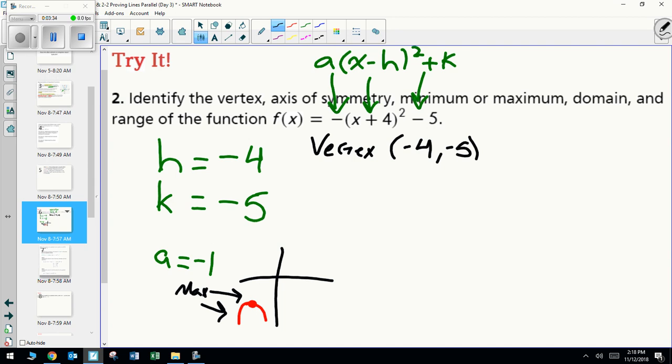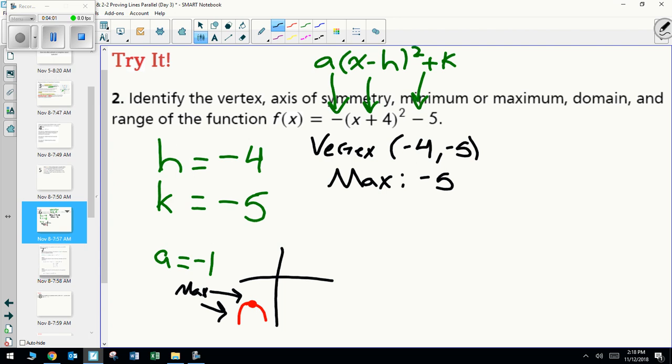In this case, it does not have a minimum. But the case would be reversed if it opened upwards. It would have a minimum, but no maximum. So here, I know I have a maximum, and the maximum value is the maximum y value. So here, my function reaches -5 as the highest y value that it ever touches.